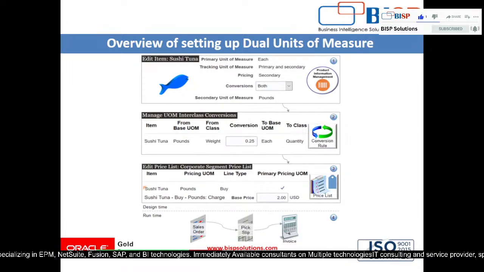The second one is the tracking unit of measure. You can set it as primary and secondary, which specifies how to track your on hand balance.